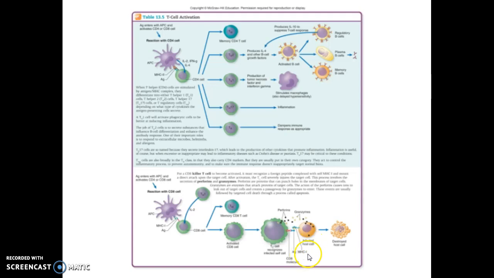All right, so this is an infected host cell, and you can see these perforins. Those are secreted by the cytotoxic T cell, and go directly to this infected host cell, in very close proximity here. You see that the two are connected, and then this host cell that's infected with something is going to die.